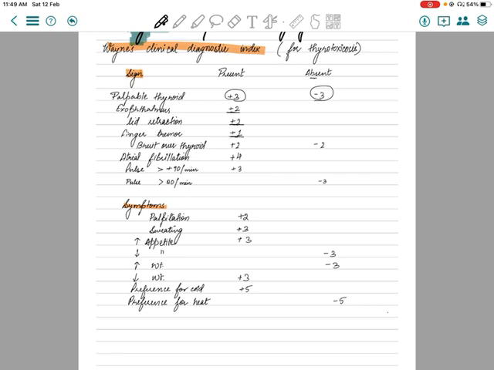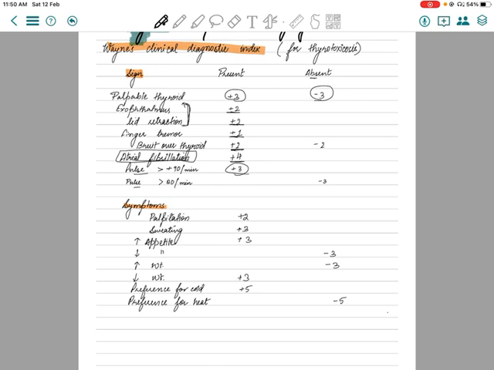Thyroid bruit is +2. As we go down from the neck area, we're reducing the scoring, except atrial fibrillation, which is +4, and pulse, which is +3. For the eye, it's +2.